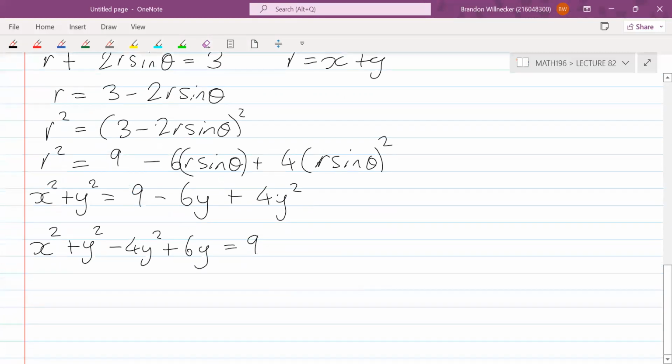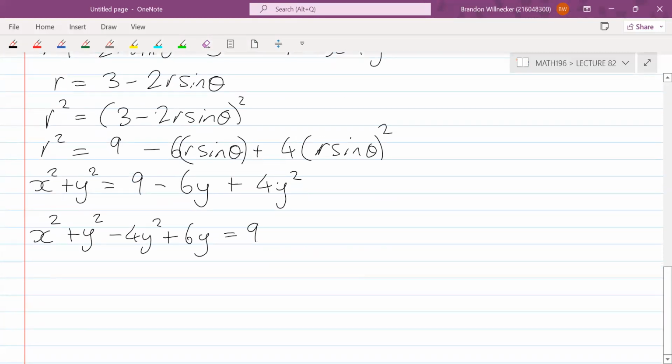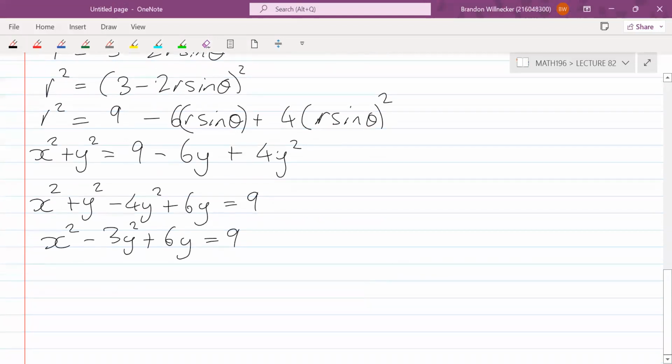Okay, then we can simplify that because y squared minus 4y squared is minus 3y squared. And then we have plus 6y is equal to 9. So this y squared and the y term, we can combine those if we do completing the square.